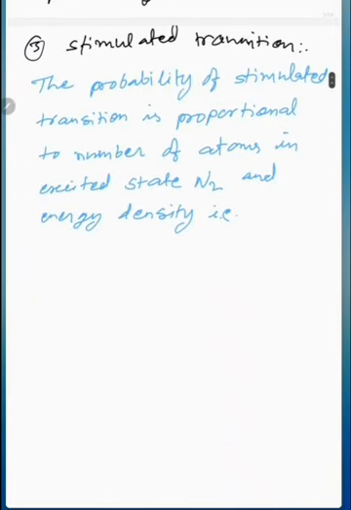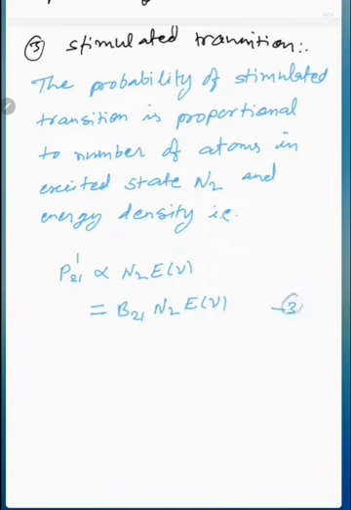Hence, if P21 prime represents the probability of stimulated transition, then it will be proportional to N2 into E nu. When we replace the proportionality sign, we take one proportionality constant B21, then P21 prime will be equal to B21 N2 E nu. Suppose this is equation number 3.